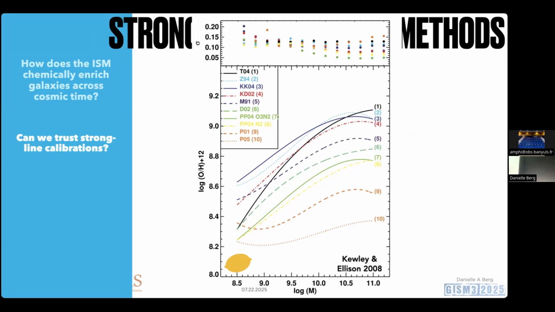Some of them won't even order your galaxies in the same order if you're using different strong line abundances. So I'm not trying to tell you that you can't use them, but you have to be careful not to combine a whole bunch of different strong line abundances, right? Because then you're not actually comparing the same things. So try to pick one to analyze your whole sample over so that you start to get what that overall profile looks like for your sample.